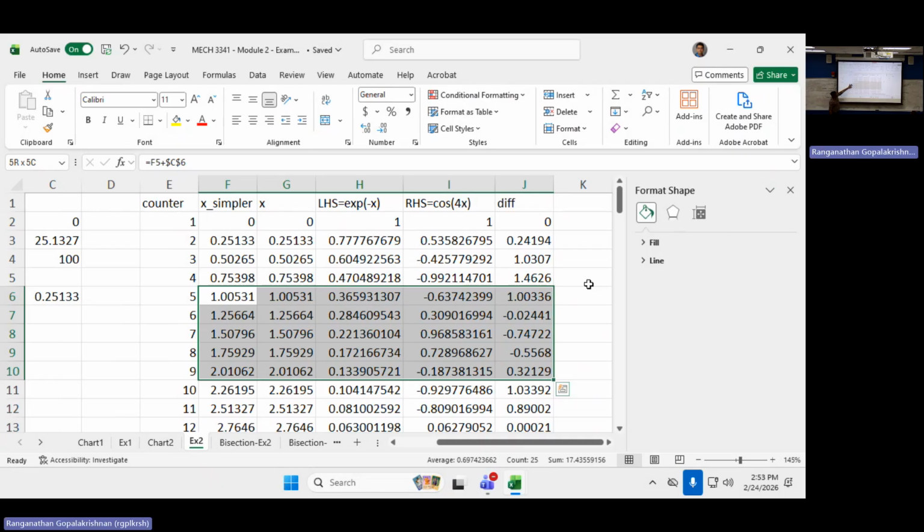Number 6 at x equals 1.25 or 1.26. So the difference is minus 0.02. Before and after, the difference only increases in magnitude. Don't worry about the sign. It has to be the closest, which means the absolute value has to be very small.